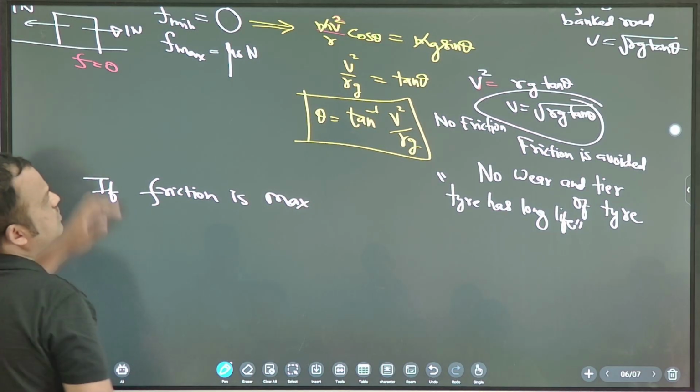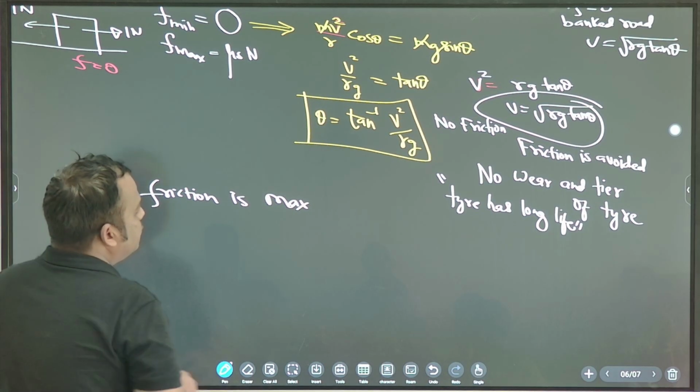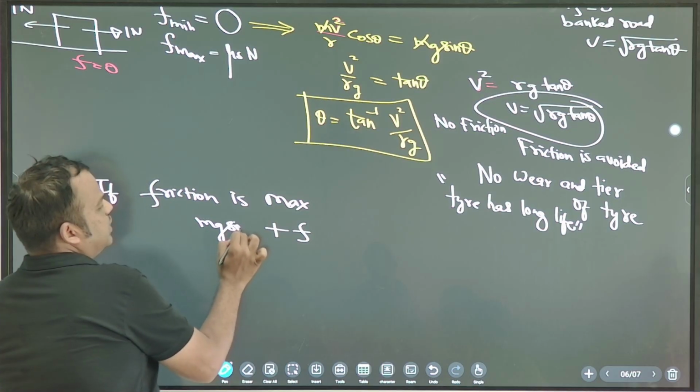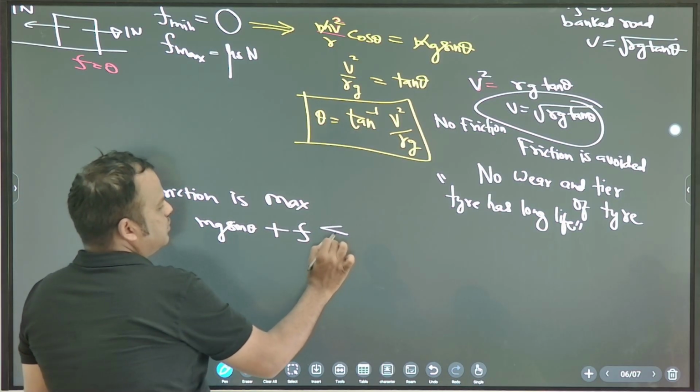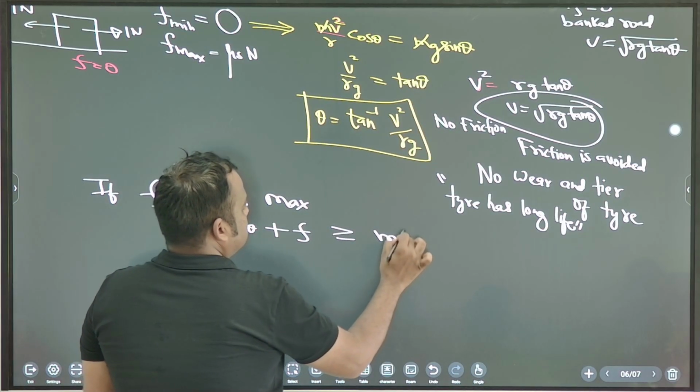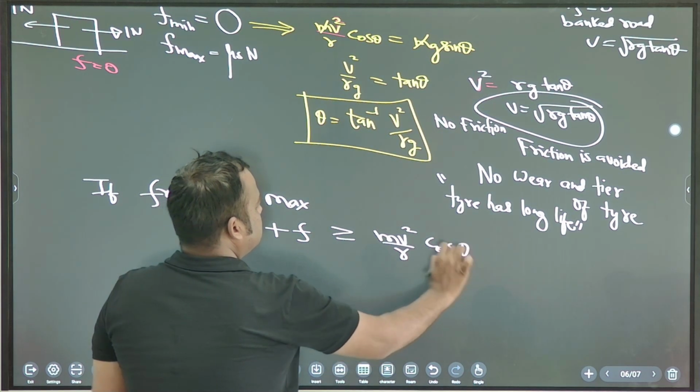When friction is maximum, tell me the relation: F plus mg sin theta must be greater than or equal to mv square by r cos theta.